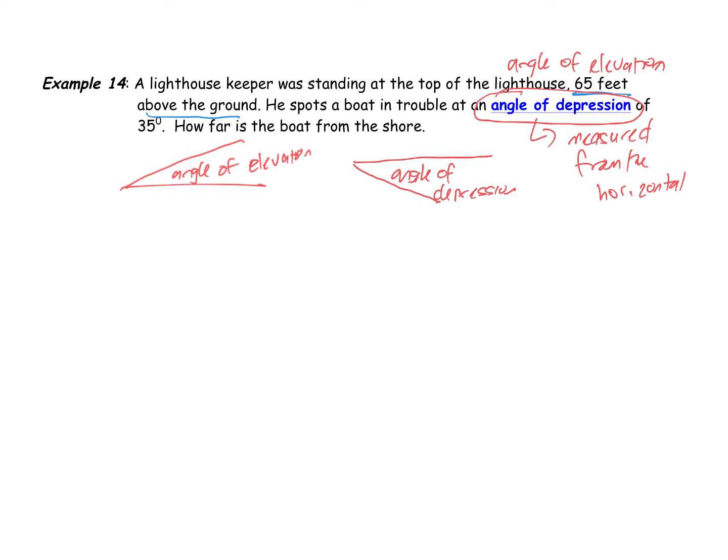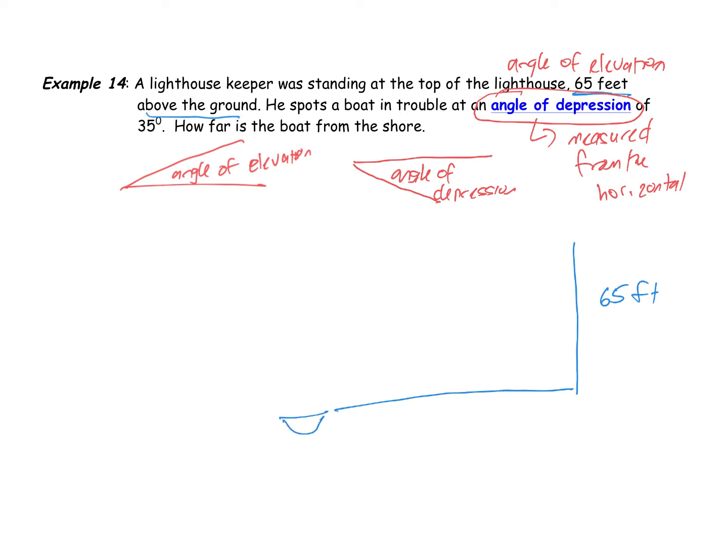So let's go ahead and solve this problem. We're told that the lighthouse keeper is standing at the top of a lighthouse that's 65 feet. So I'm going to draw a line for the lighthouse, and that is 65 feet tall. And he looks out and he spots a boat in trouble.